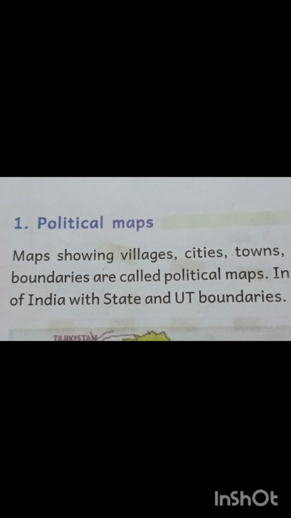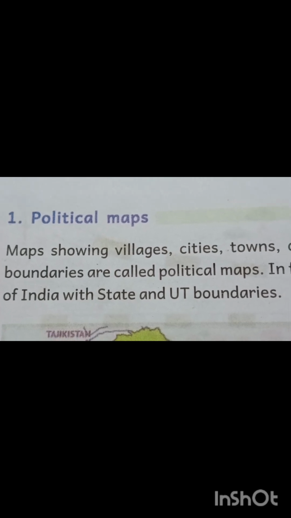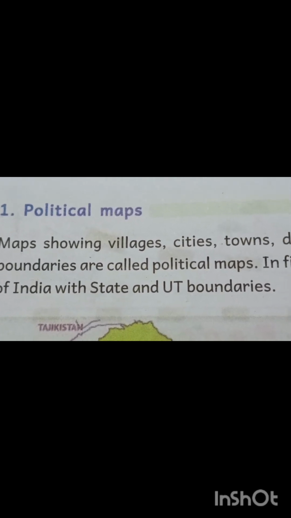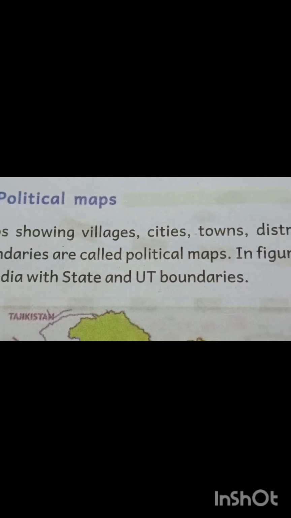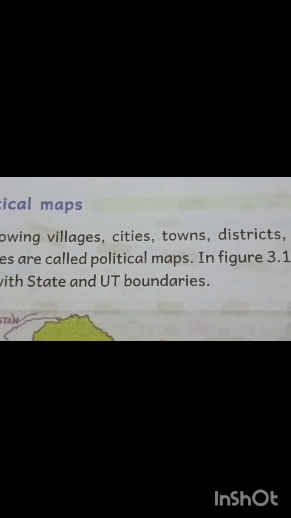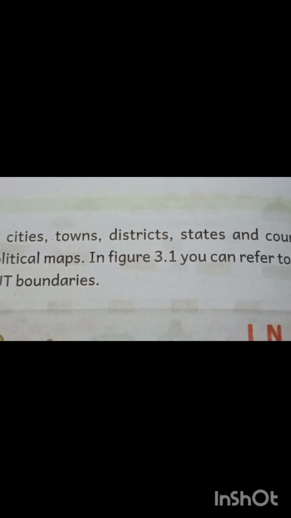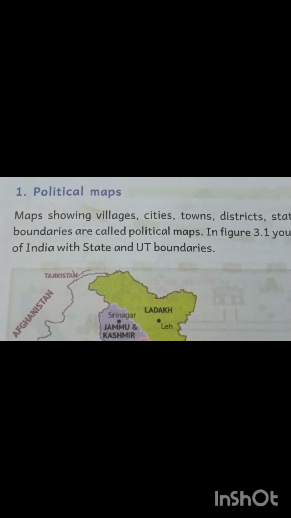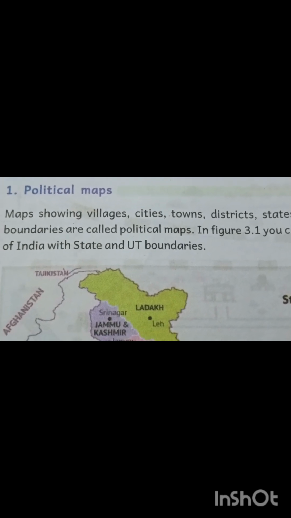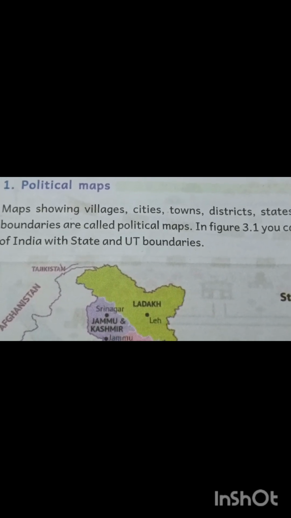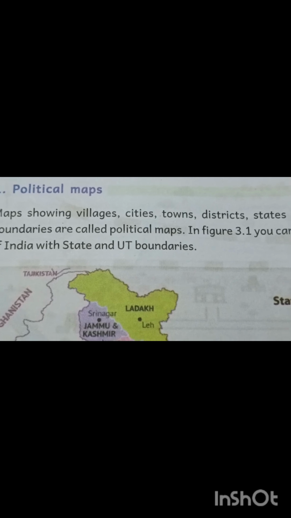Political maps. Maps showing villages, cities, towns, districts, states, and countries with boundaries are called political maps.